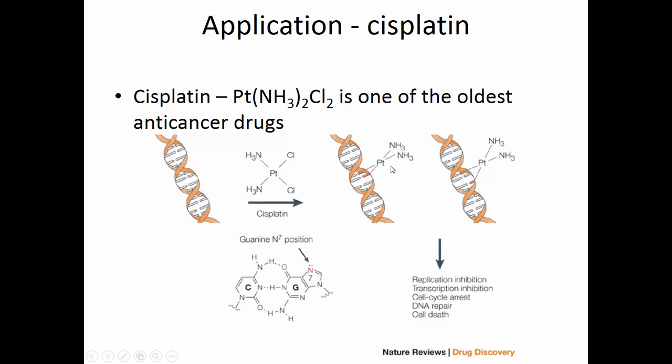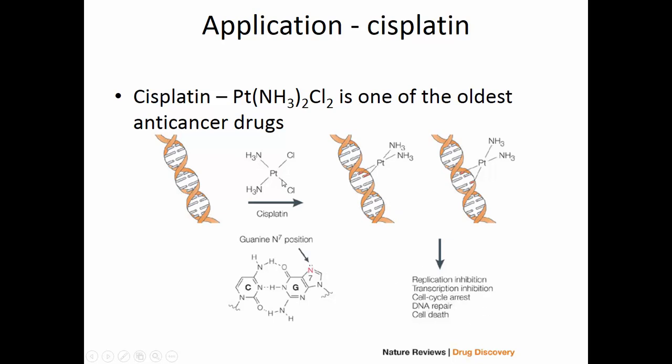Cisplatin attaches at the N7 position on the guanine nitrogen base in DNA. So it'll attach to those specific positions on the nitrogen base, and it will potentially do all these things.